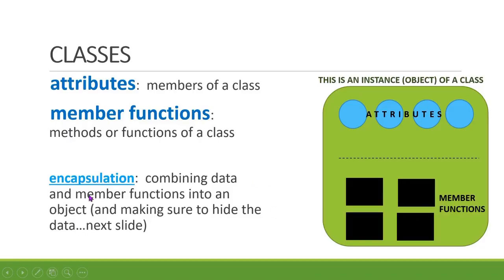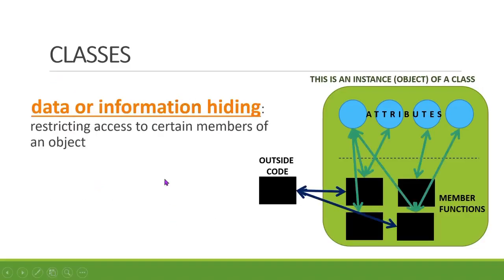Encapsulation is an object-oriented term that means combining data and member functions into an object and making sure to hide the data. Data or information hiding is very important in object-oriented programming in order to protect the data. So the way that we do that is we make sure that our attributes are private, meaning that they're hidden from outside code.